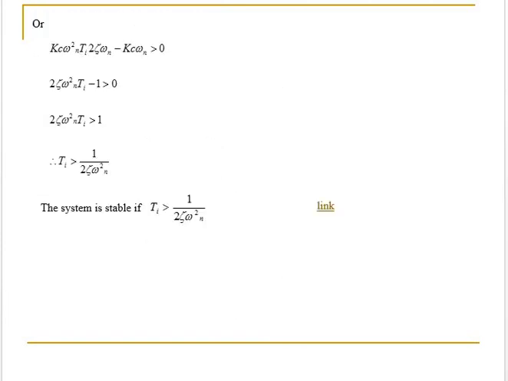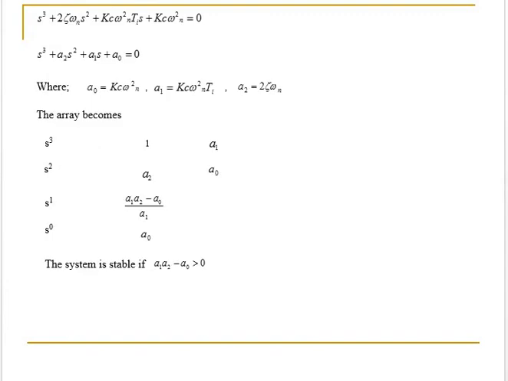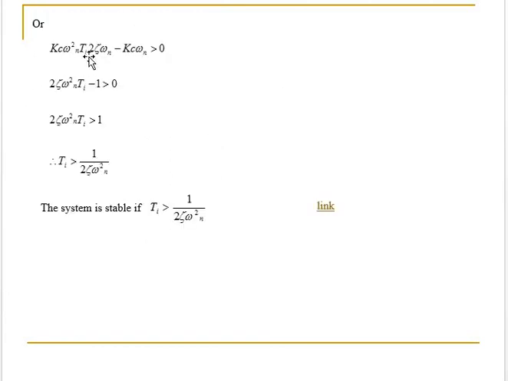Okay, and then we know what A1, A2, and A0 are. We substitute these values, and then we get this. At the end we get that in order for the system to be stable, T_i should be more than 1 over 2 zeta omega_n squared.